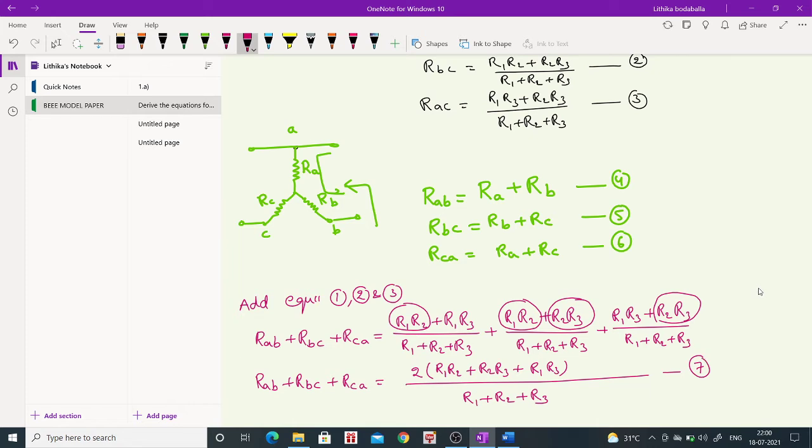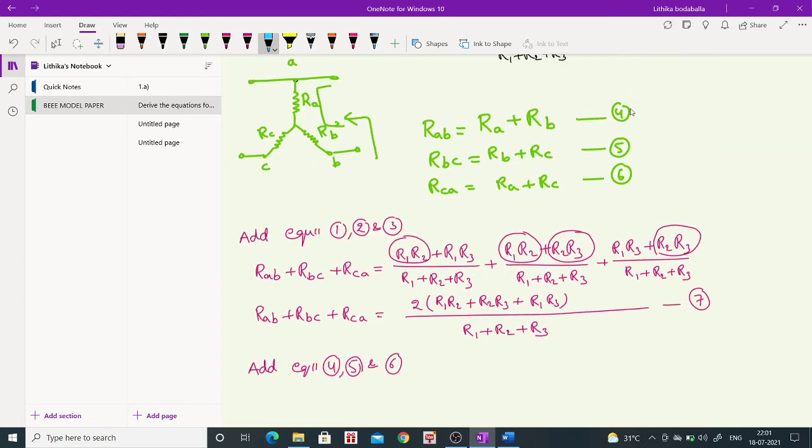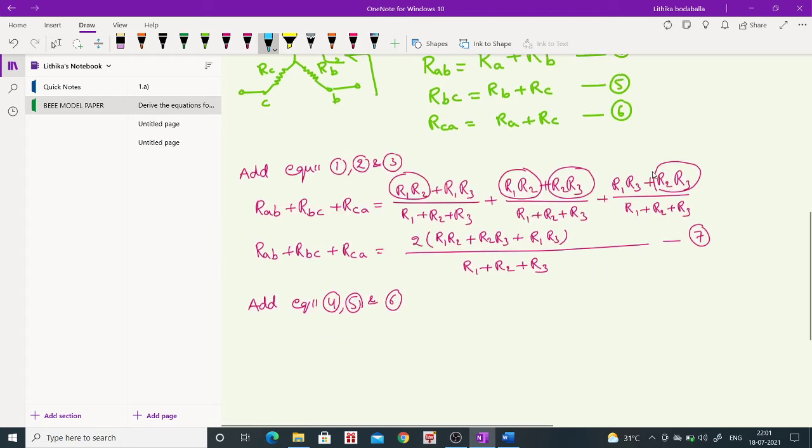Now you add equations 4, 5 and 6. What is 4? RAB is equal to RA plus RB. 5 is RBC is equal to RB plus RC. 6 is RCA is equal to RA plus RC.